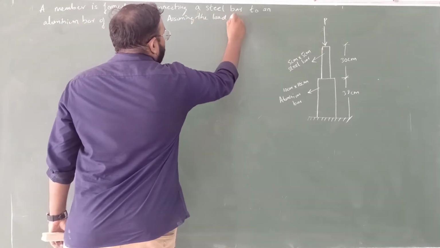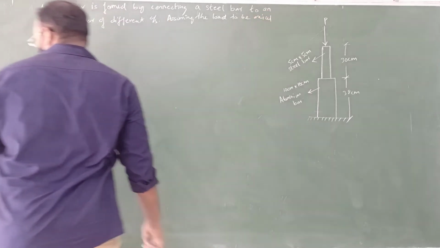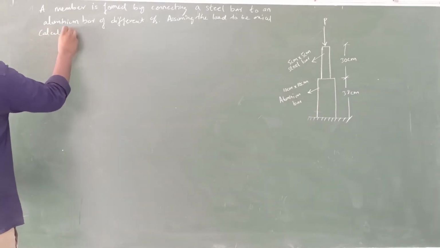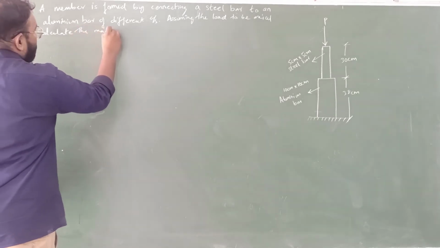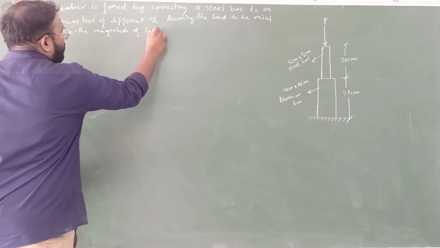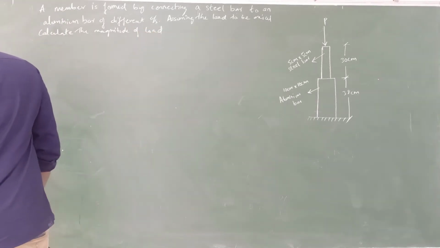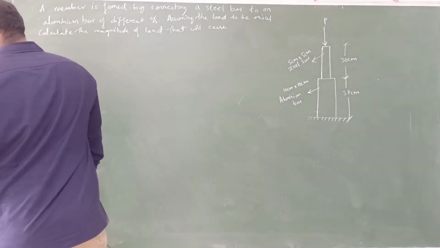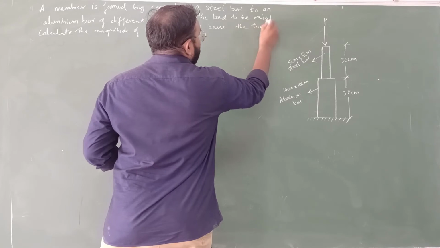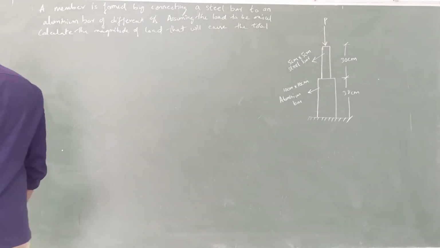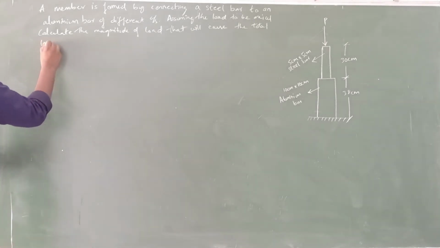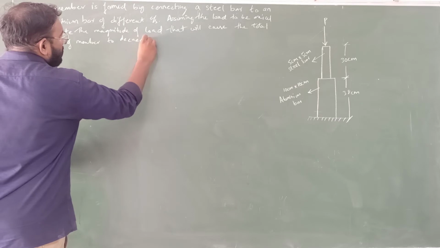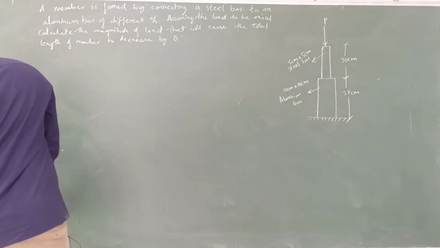Assuming the load to be axial, calculate the magnitude of load that will cause the total length of member to decrease by 0.25 millimeter.